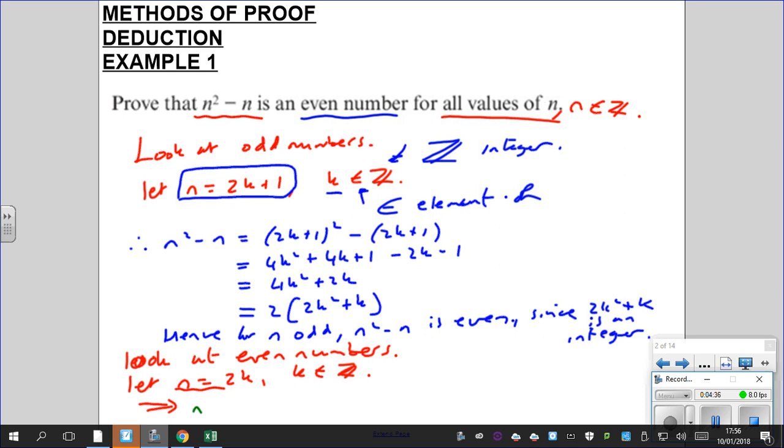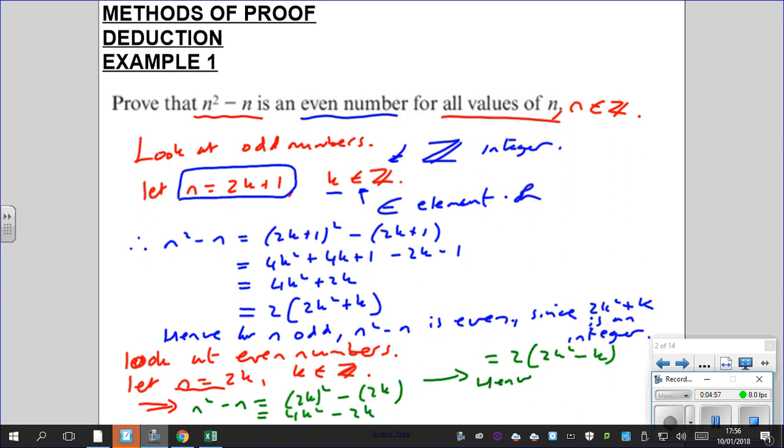Anyway, n equals 2k. Like before, we whack it in, so n squared take n is (2k) squared, take away n, which is 2k, so that's 4k squared take away 2k. Remember we said that if you can take out a 2, then it's even. So this is the same as 2 times (2k squared minus k), which is even.